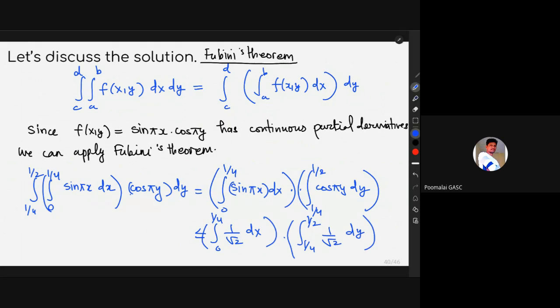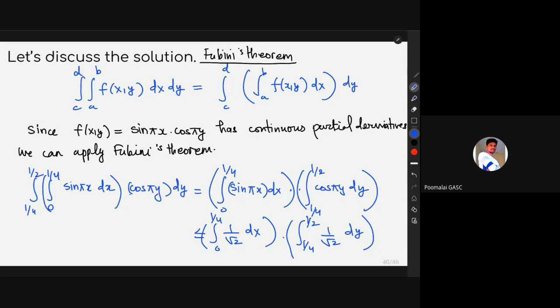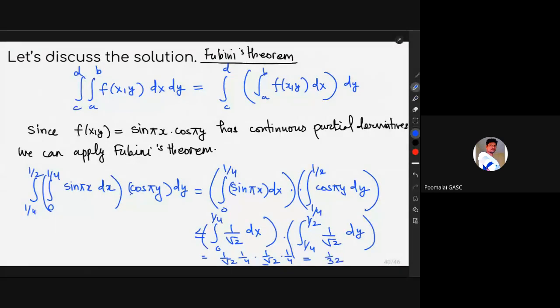If you integrate 1 over square root of 2 with respect to dx, it is a single variable integration, and you all know how it goes. The 1 over square root of 2 comes out because it's a constant, and we get 1 over 4 minus 0, which is 1 over 4. Again 1 over 4 comes out, and if you compute this calculation, it will be 2 times 4, which is 1 over 32.